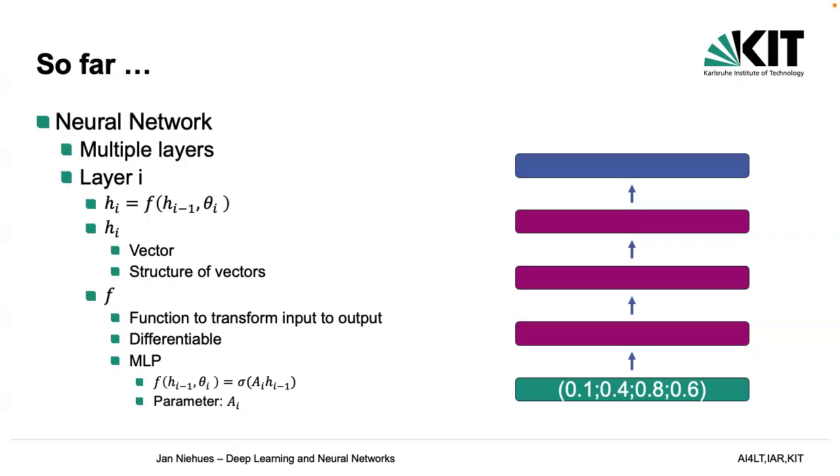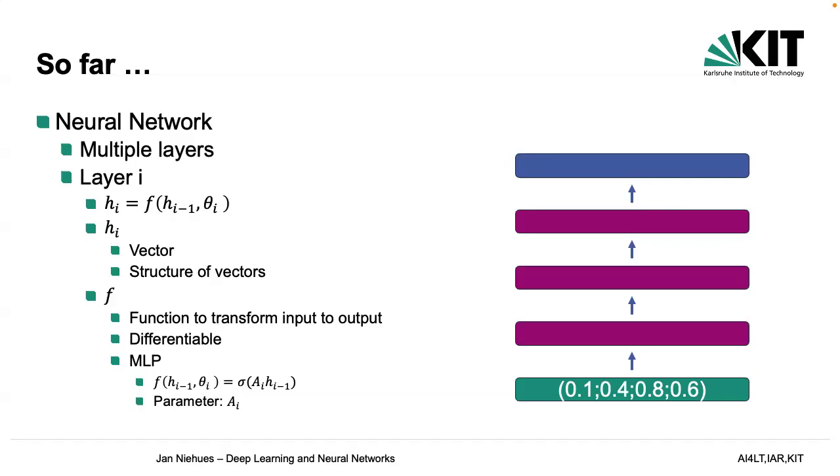But you can view h_i always as either a vector or some structure of vectors. This function transforms our input to the output. The important thing we already pointed out at the beginning is that this function needs to be differentiable, and being differentiable is helpful, because that is what we're looking into today: that we can do efficient training.